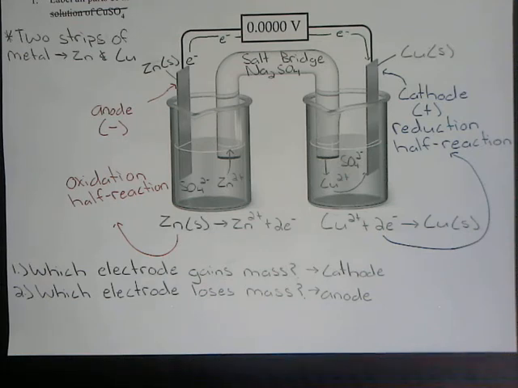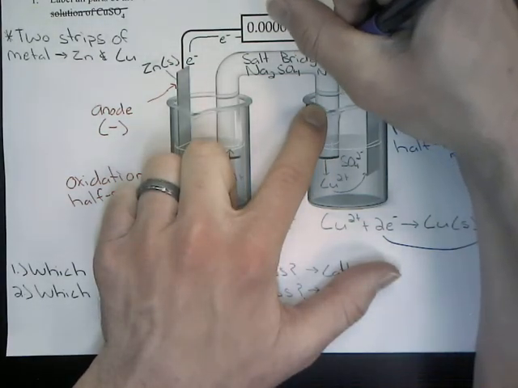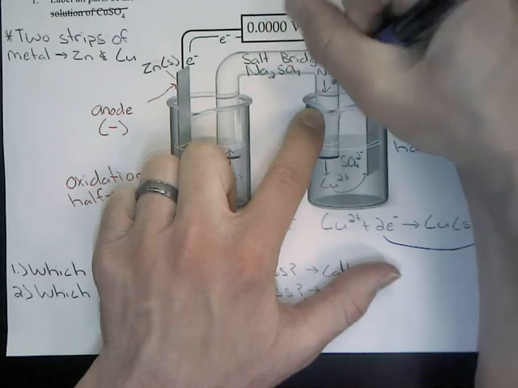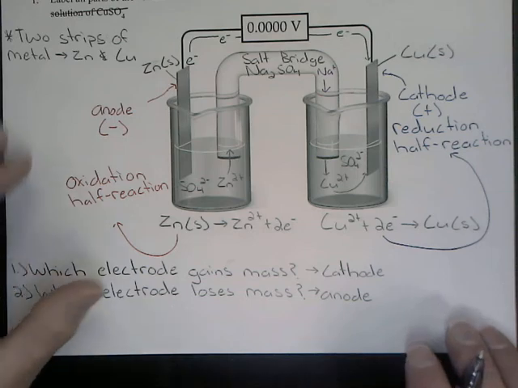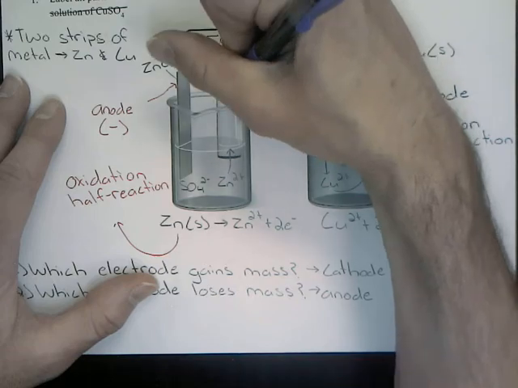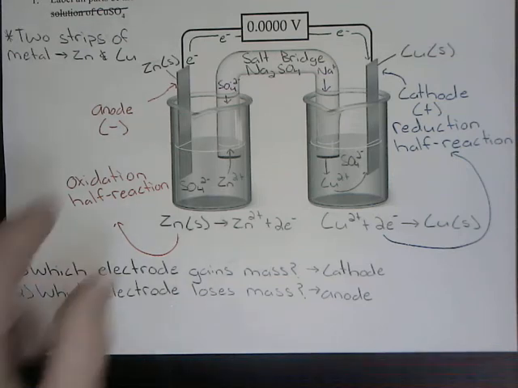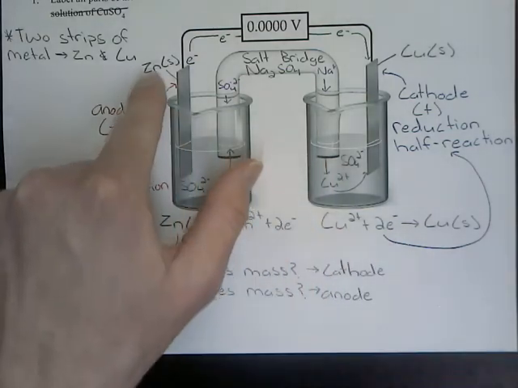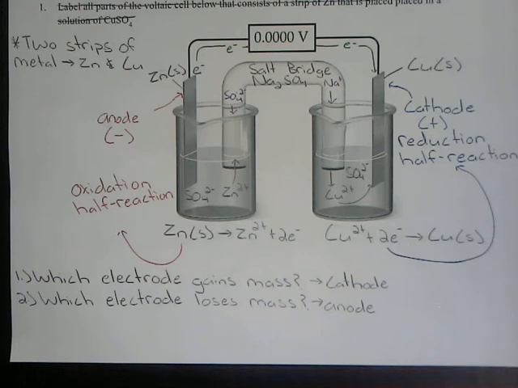Our positive Na+ would flow to this side here, and our negative SO4 2- would flow to our side with zinc, okay? And that is just to help flow with those charges. And again, we need that flow of charges to allow that electron to go from the anode to the cathode, okay?